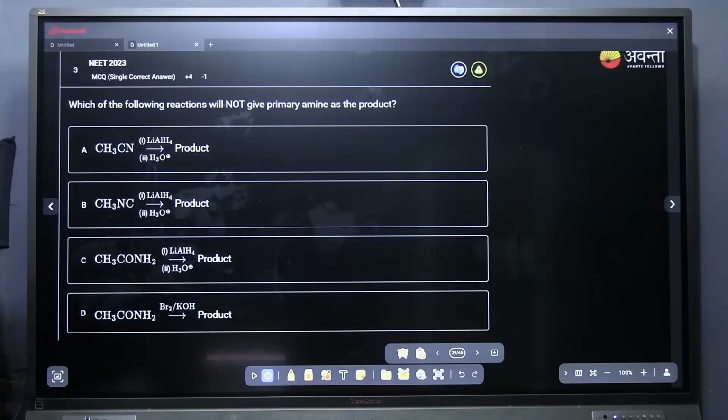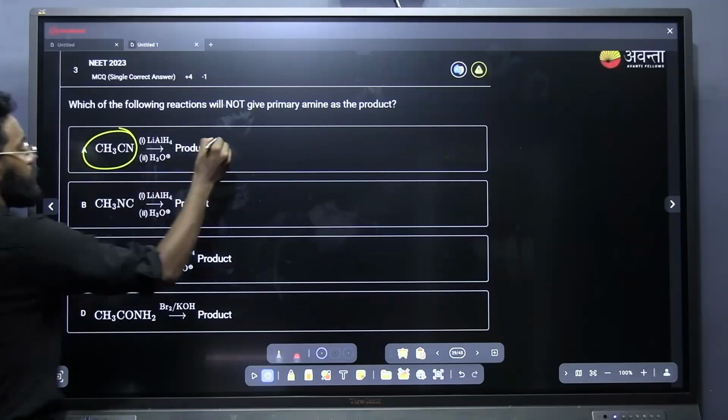Look at the question carefully and get me the answer. Anybody got the answer? It's a very easy question. Already we have discussed this one. Cyanide, already we have discussed.